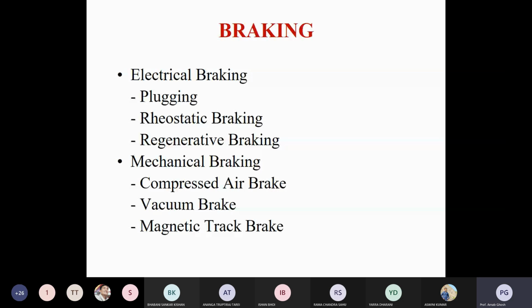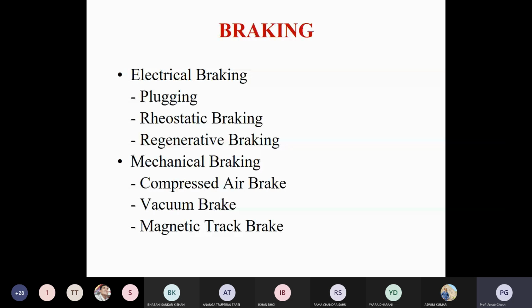Regenerative braking means you are making your system pass through regeneration. The additional energy will be fed back to the contact wire, the overhead wire, and that additional energy will be taken by the other locomotives already on the same track. With regenerative braking, huge energy is fed back to the system, so the system should have sufficient load to collect all that additional energy.